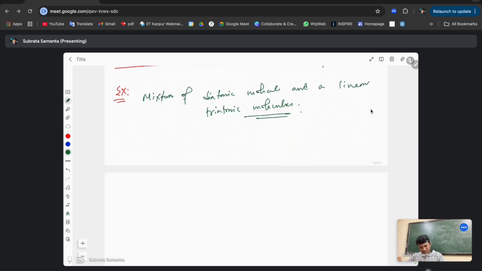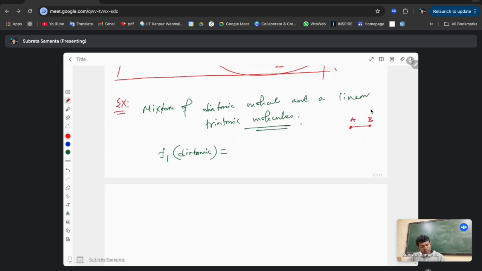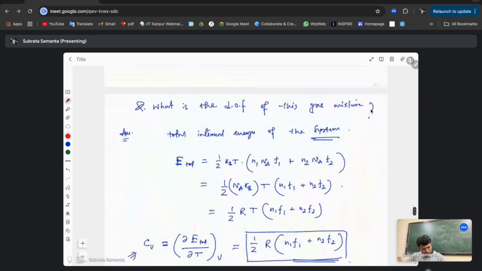First of all, what is the degree of freedom for a diatomic molecule? Let's say f1 is for the diatomic. For diatomic molecules, I already discussed this somewhere.